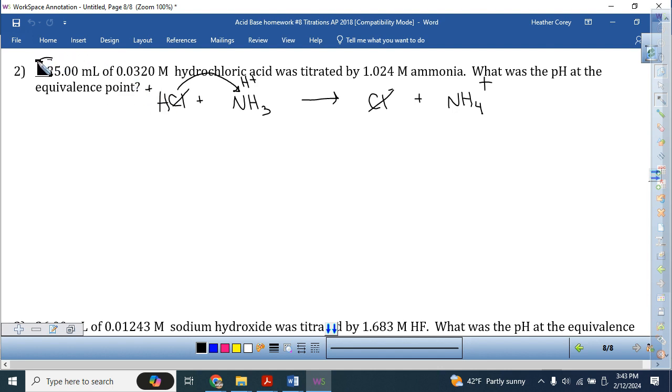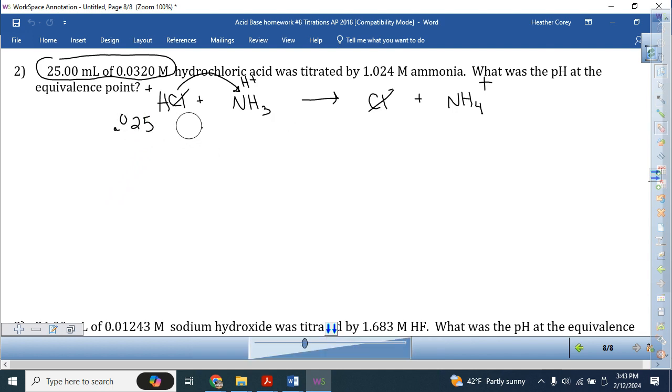All right, so what do we have? We have this amount of HCl provided. So we have 25 milliliters of hydrochloric acid, and so that's 0.025 liters. And we have 0.0320 molar.